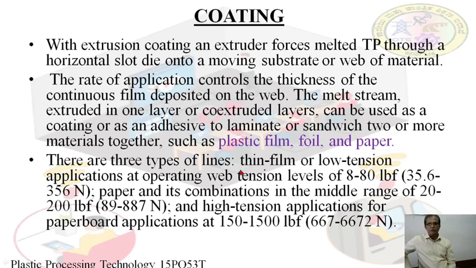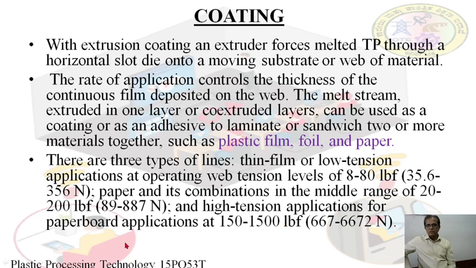There are three types of lines. One is thin film with low tension applications, with a tension level of around 8 to 80 pound force. Another is the middle range, 20 to 200 pound force, and the high tension applications, 150 to 1000 pound force.